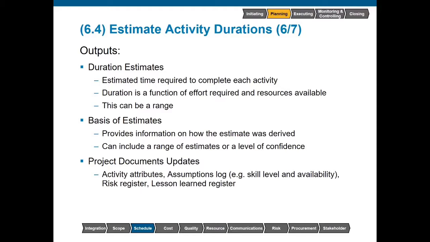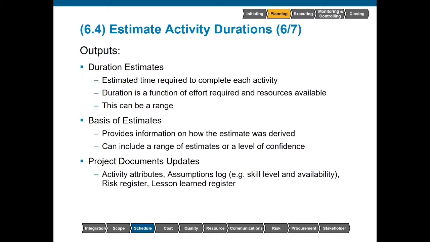So outputs from this process, we have our duration estimates. Now, when we're dealing with estimates, these are basically guesses that we are trying to get to as scientifically as we possibly can. We have an estimated time required to complete each activity. And with duration, we do want to keep in mind it is a function of the effort required and the availability of the resources that we need to perform the work.